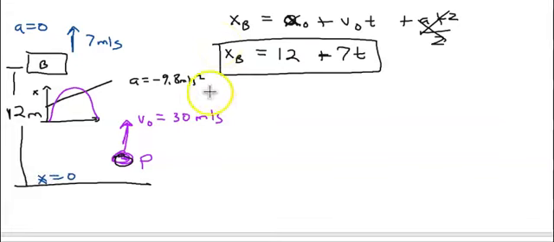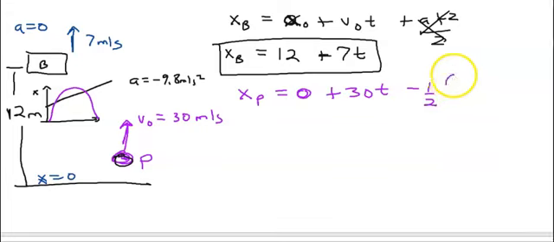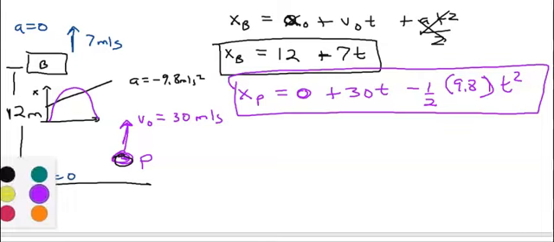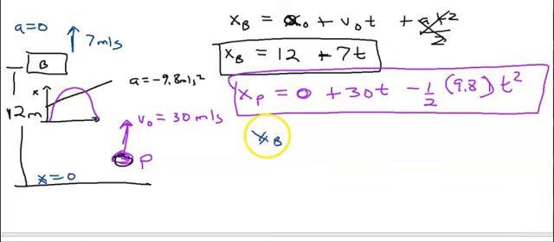Then we will do the position function for the pellet. It starts on the ground with a speed of 30, and gravity is pulling it down at 9.8 meters per second squared. So that's my position function for the pellet. We know that those 2 functions are going to cross each other twice, so we're going to trust the math, and we're going to set the 2 position functions equal to each other.